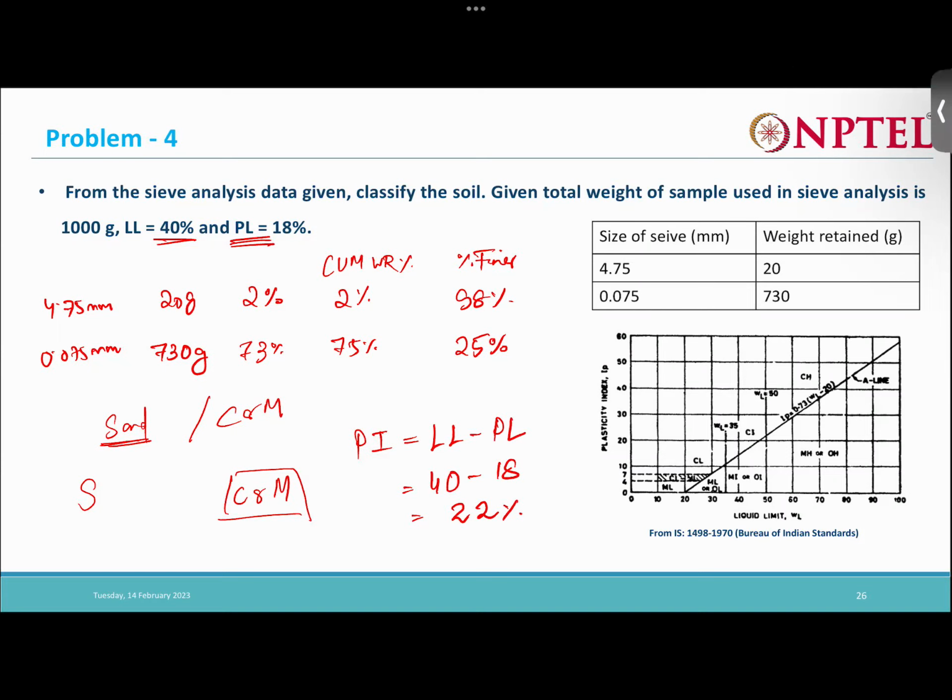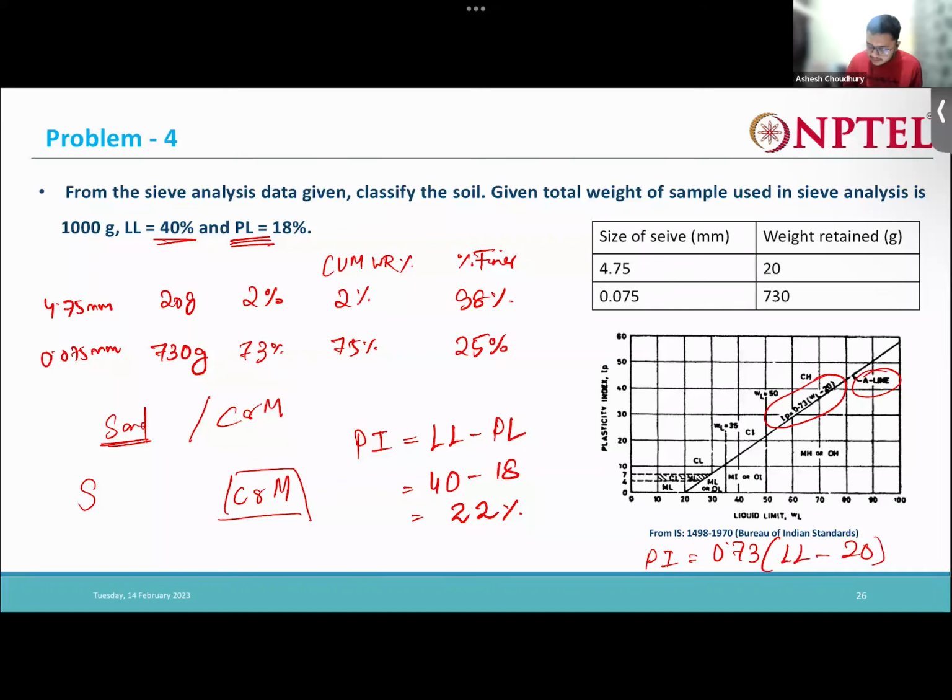Now come to your A line. What is the equation of the A line? Plasticity index equals 0.73 times (liquid limit minus 20). Please put liquid limit equal to 40% here and find out the value. 14.6%.